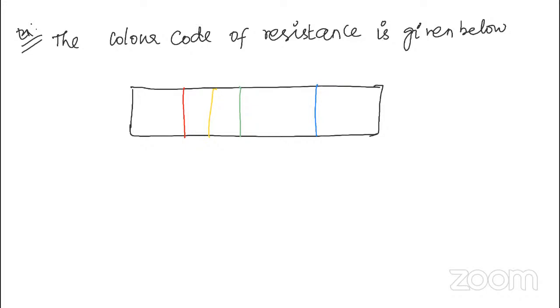First one is the yellow here, and it is the violet, and the third color is the brown, and the fourth color is the gold. Okay, so now we are putting the numbers, that is 1, 2, 3, 4.